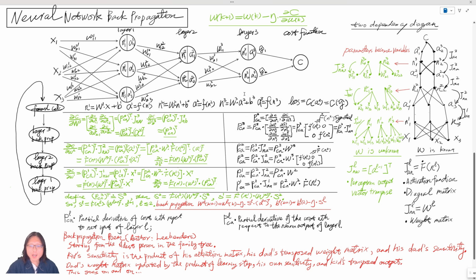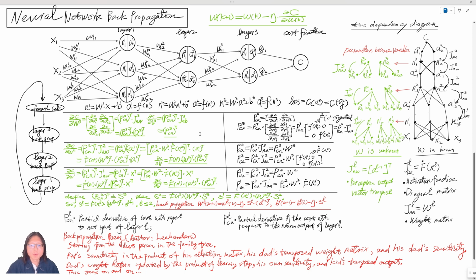By doing this, we have the partial derivative from here to here. Then, in order to get the partial derivative of the cost with respect to the weight, we can easily use this relationship: basically just the partial of the cost with respect to n of layer 3, transposed, multiplied by the Jacobian matrix between the net input and the weight of layer 3. And we already know this part, PCN3, from here. So we know everything here, because we already know the Jacobian and W also.